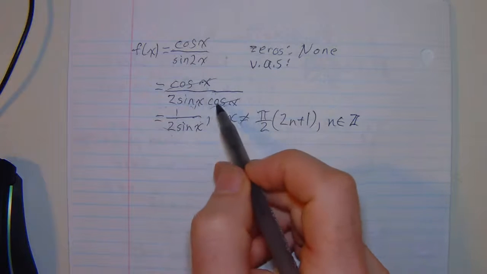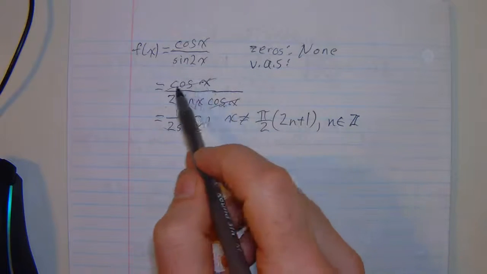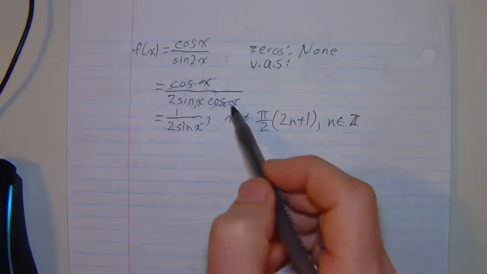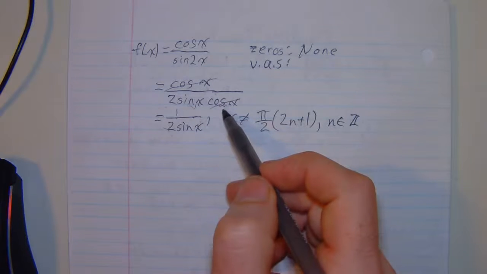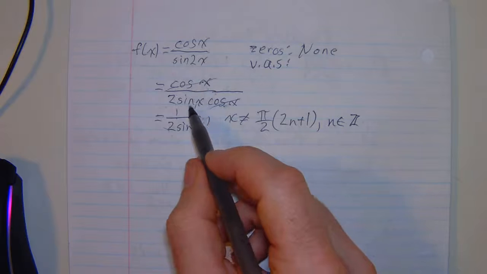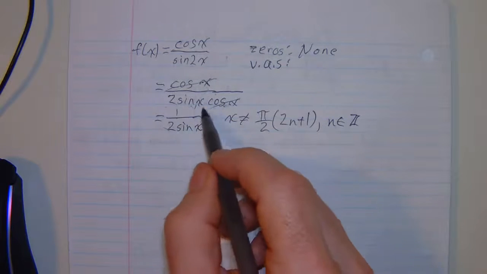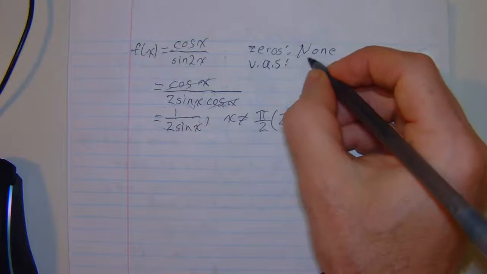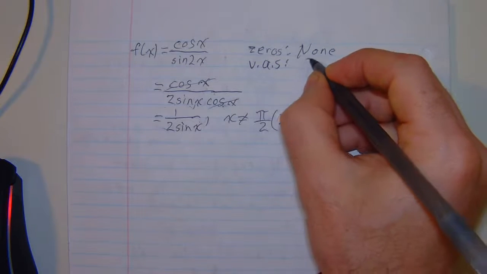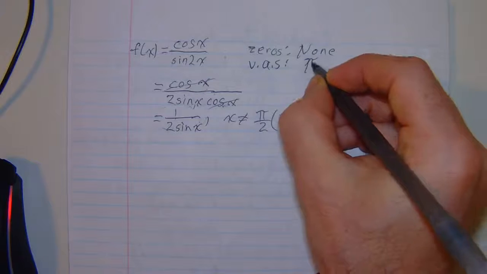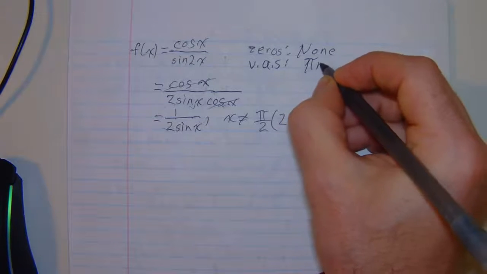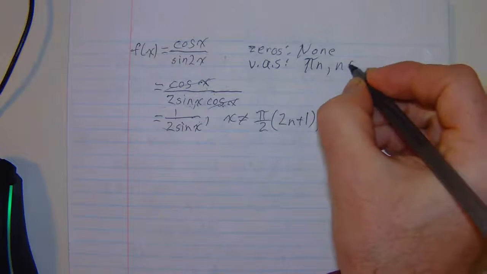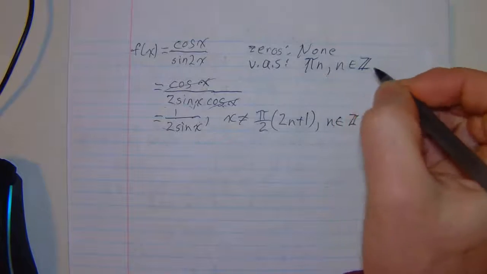And since the zeros for cosine are going to match up with the zeros in the numerator and create holes, they won't be making vertical asymptotes. So the only place we're going to get the vertical asymptotes are where sine x has zeros. And that is going to be at pi times n for any integer n. So every multiple of pi, at 2 pi, at 3 pi, at 4 pi, and so on.